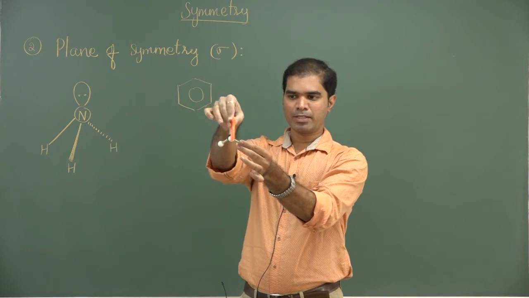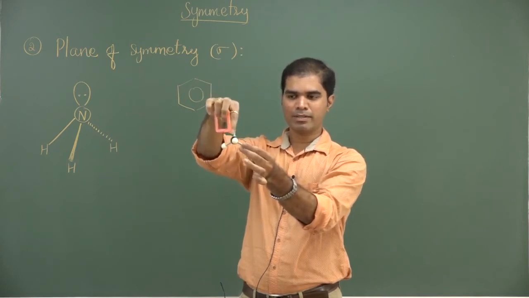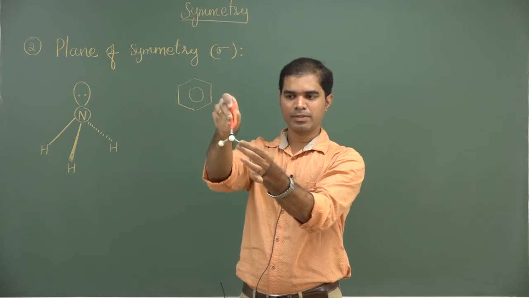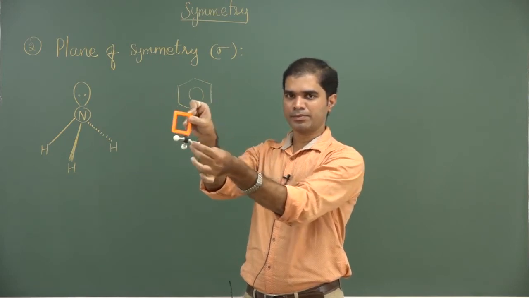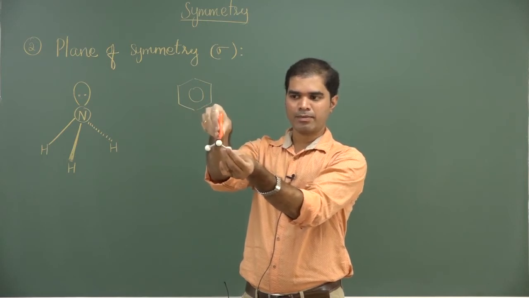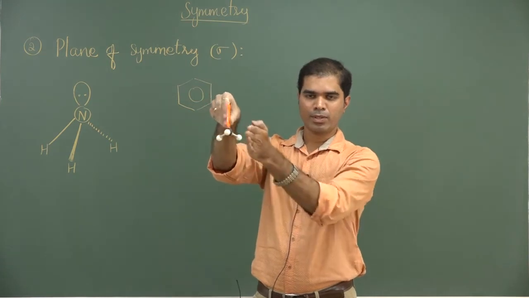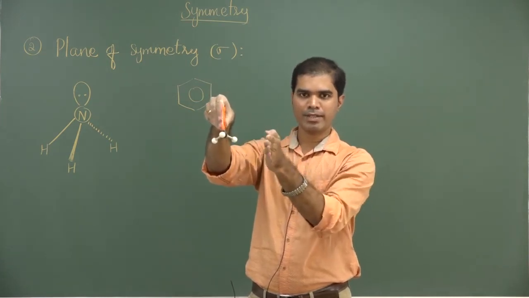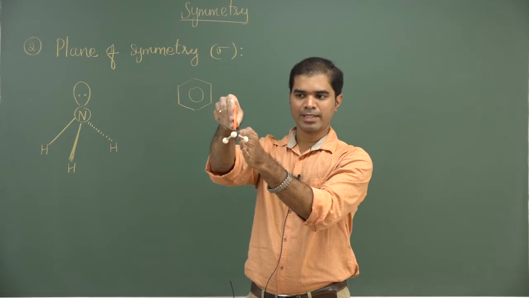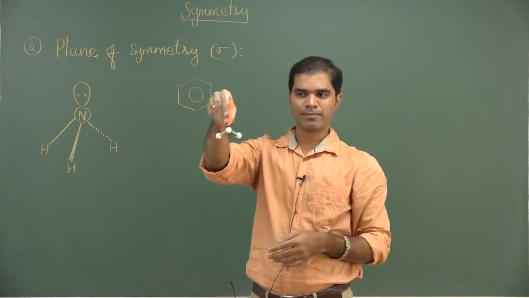If at all I am passing this particular plane, which is a plane passing through one of the hydrogens and the nitrogen, right? Now as I pass this plane, whichever half is towards your right hand side looks exactly the same as the other half towards your left hand side.